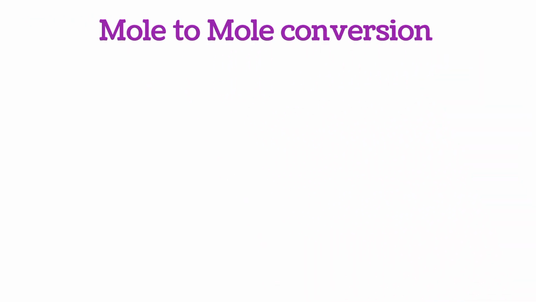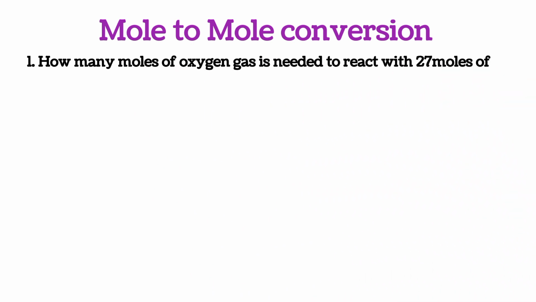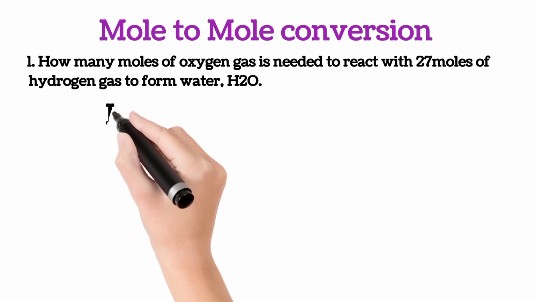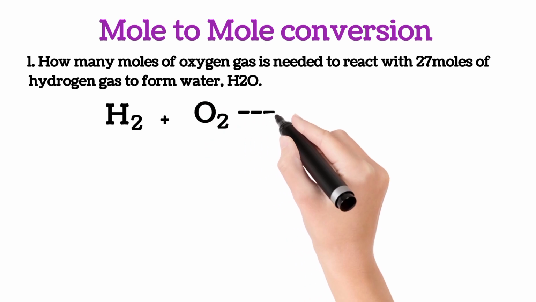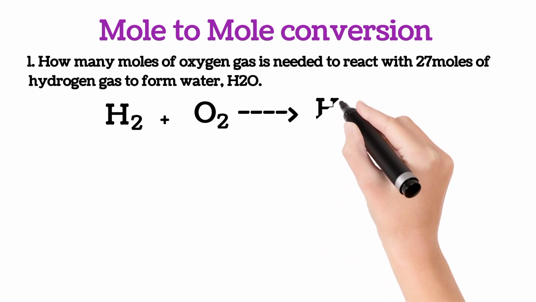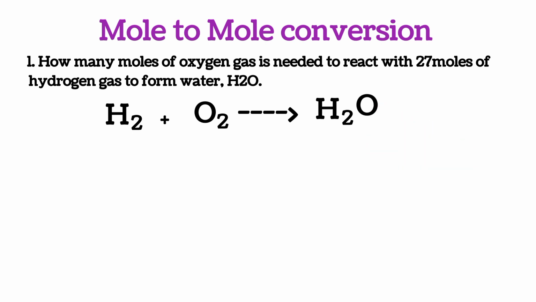All right, let's look at mole to mole conversion. How many moles of oxygen gas is needed to react with 27 moles of hydrogen gas to form water, H2O? So we are looking at the relationship between oxygen gas and hydrogen. Let's look at the balanced equation. H2 plus O2 forms H2O.